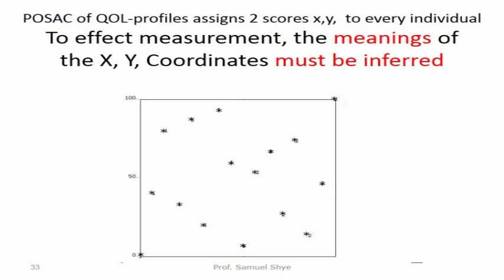A two-dimensional Pozak was found to represent order relations between the observed profiles, assigning just 2 scores, x, y, to every individual instead of the original 4 scores. For every person, we now have just 2 scores given by the 2 coordinate scales, x and y, replacing the 4 scores observed. This parsimonious measurement will be complete only if we discover the meanings of the 2 coordinate scales.